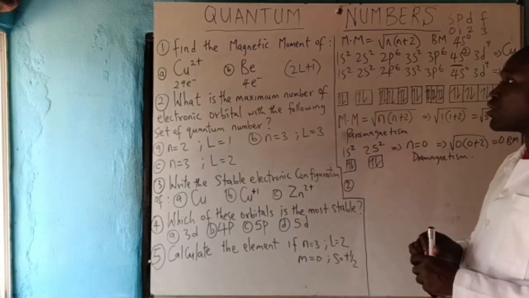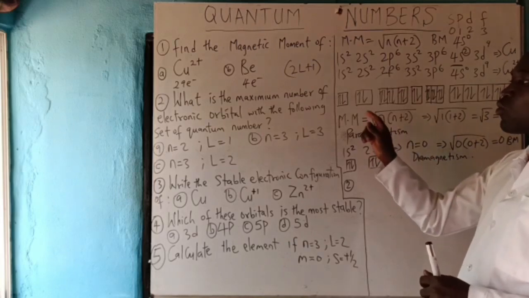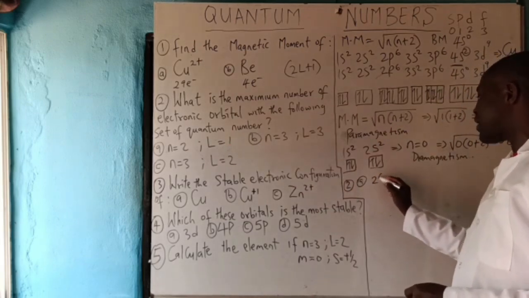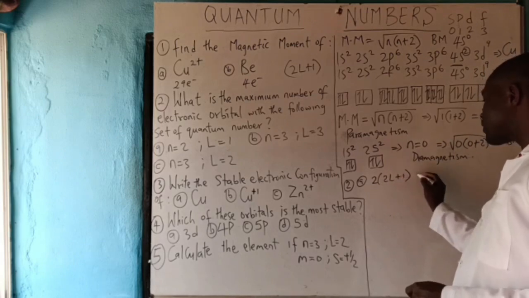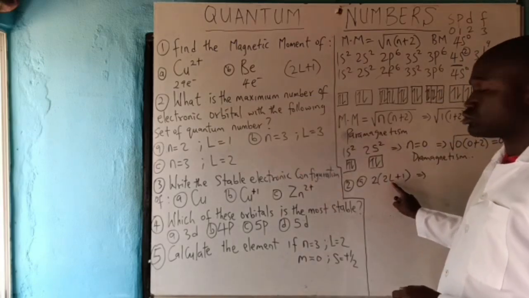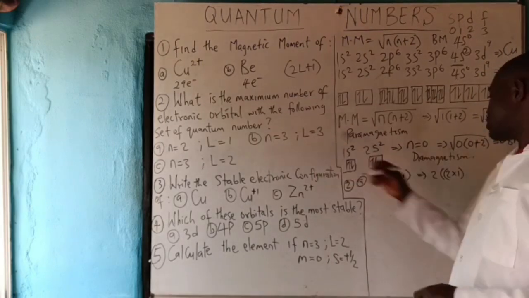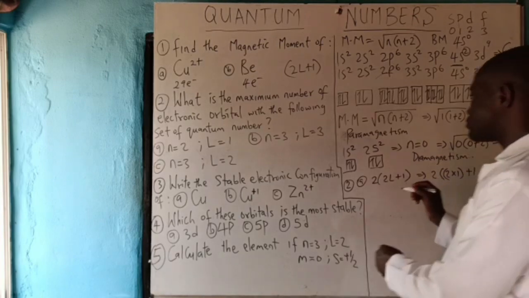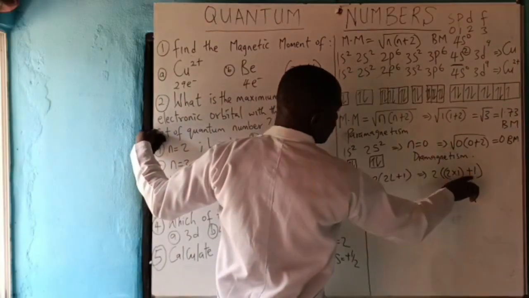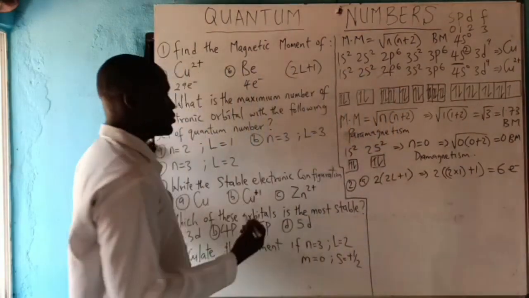We go to question number 2. What is the maximum number of electrons in an orbital with the following set of quantum numbers? For A, the formula is 2(2L plus 1), where L is 1. So 2 times (2 times 1 plus 1), which gives 2 times 3, 6 electrons.